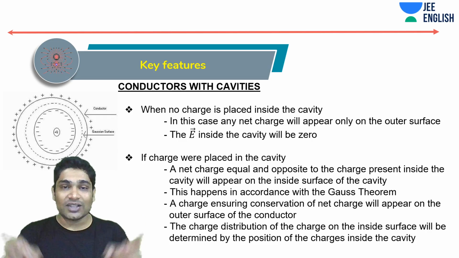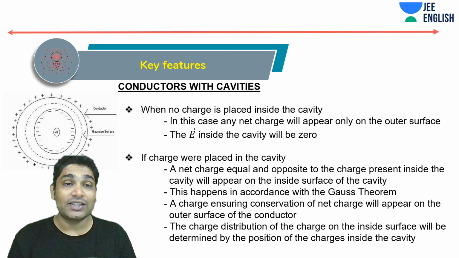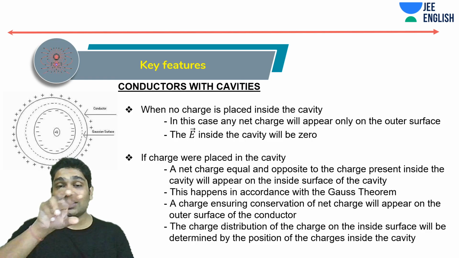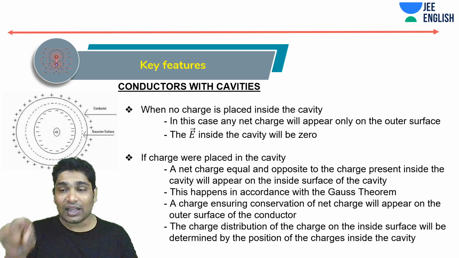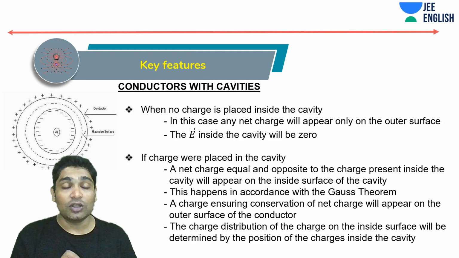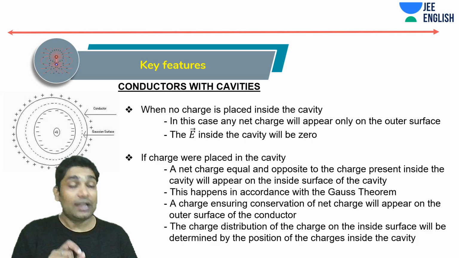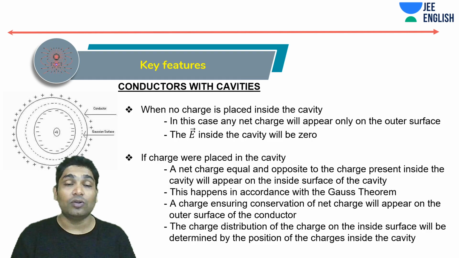For this Gaussian surface, the E dot dA integral will be 0. So the net charge enclosed inside has to be 0. That means there can be no net charge appearing on the internal walls of the cavity. As a result, there will be no electric field inside the cavity also.